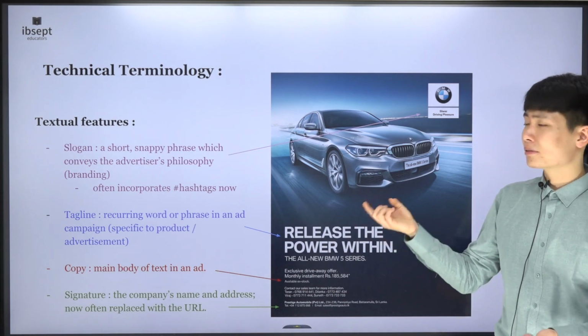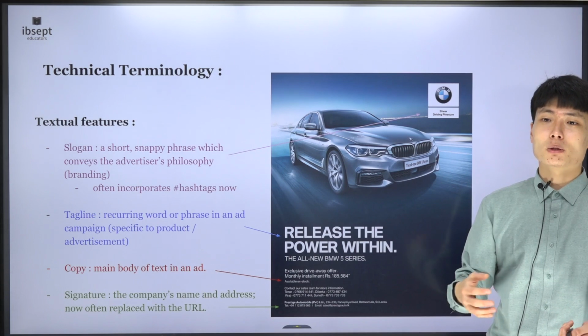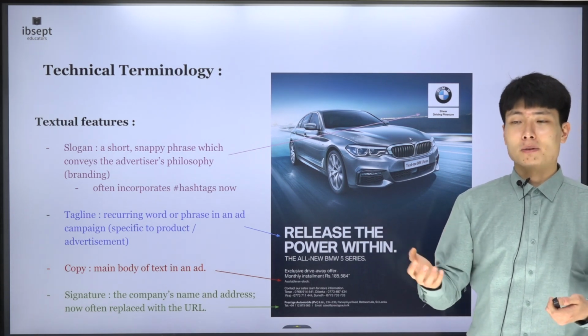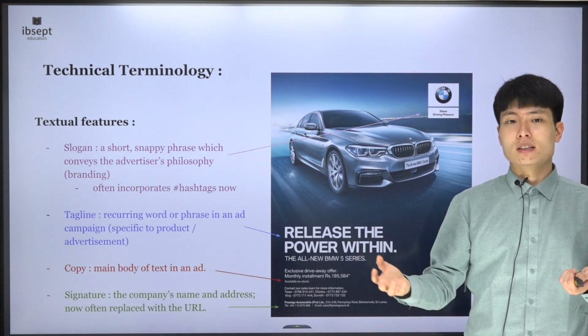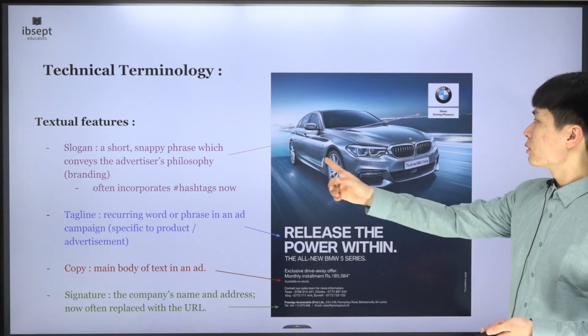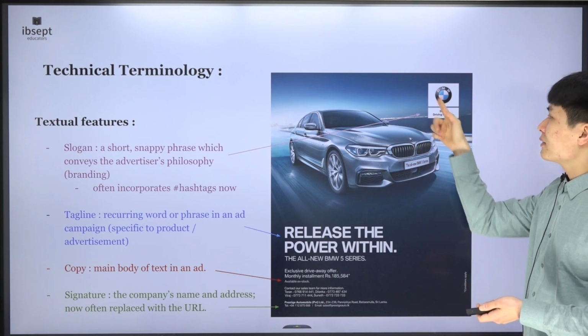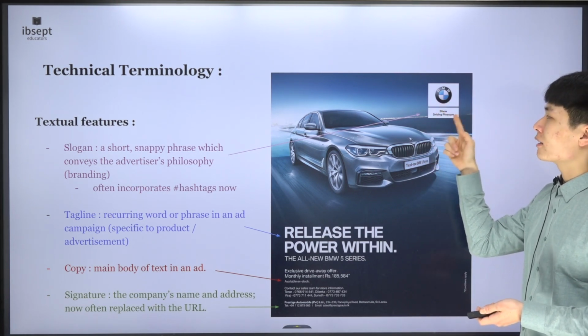We also have, for example, McDonald's. I'm not sure if they use it often nowadays as well, but they were very famous for their "I'm loving it" slogan. So BMW, in this advertisement, the slogan would be, I'm not sure if you can see it very well, but it says underneath the BMW logo, "sheer driving pleasure."